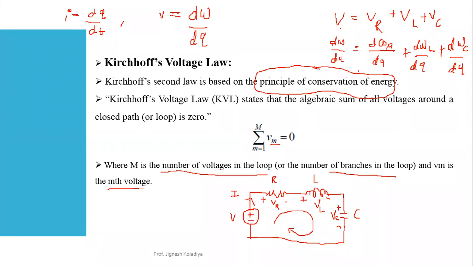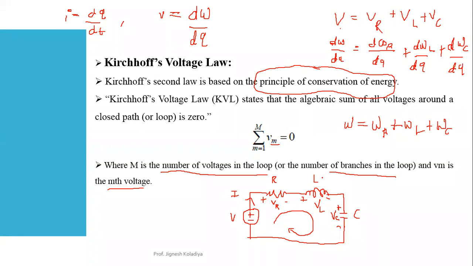Finally, you can write W is equal to WR plus WL plus WC.